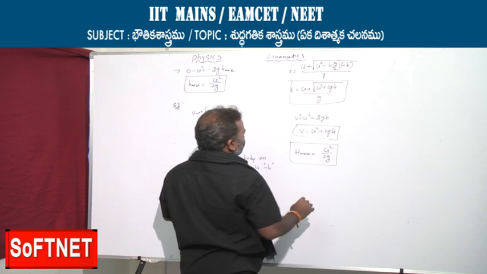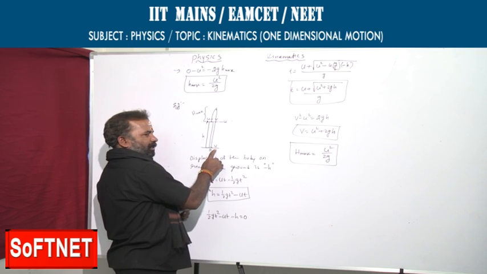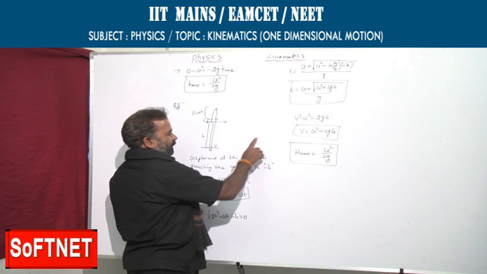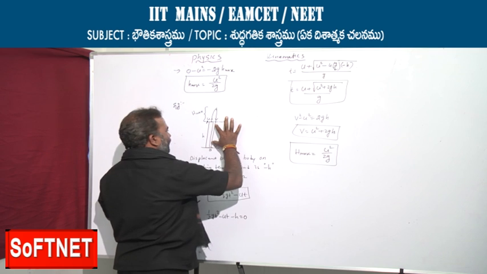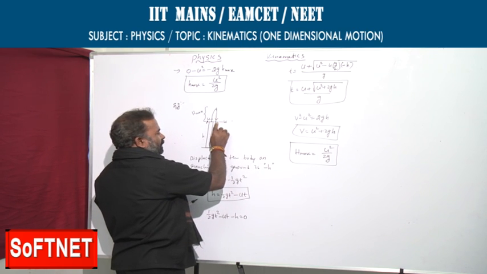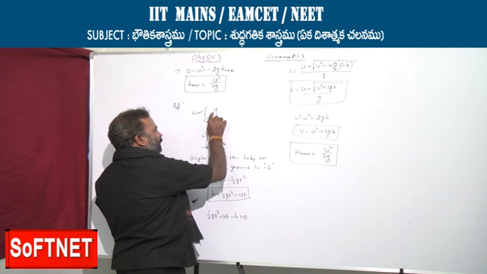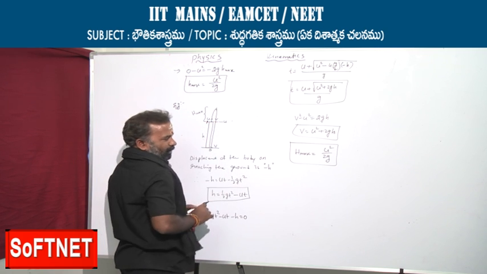Suppose if he is asking what is the final velocity of the body on reaching the ground, then what will we get? v square minus u square equals 2gh, where h is the height of the tower. Because it starts coming down from the top of the tower with velocity u, even though you are projecting up with velocity u, again it comes back to the same level with the same velocity.